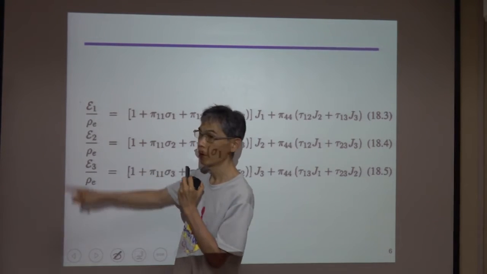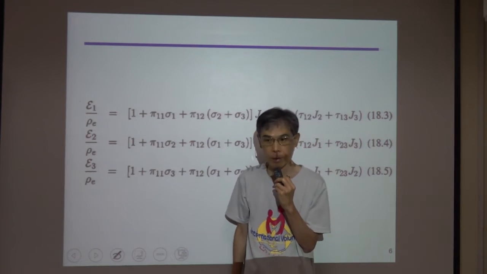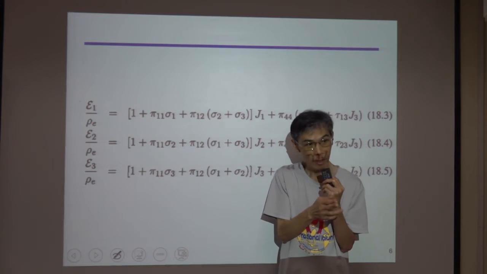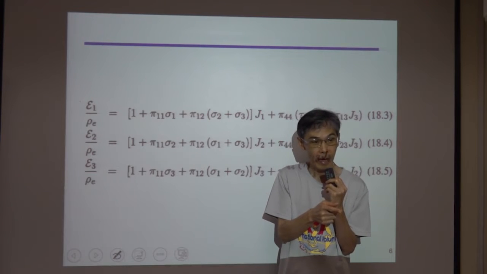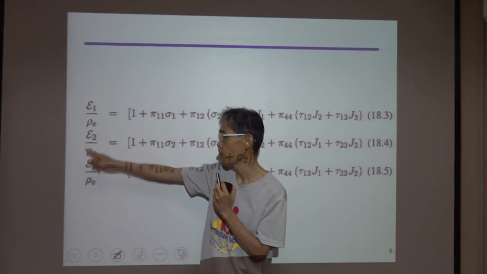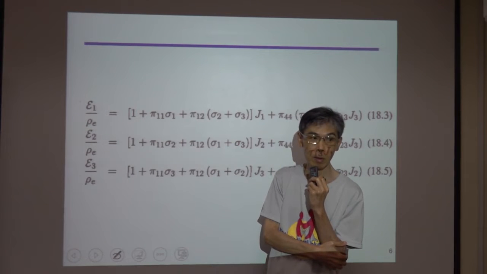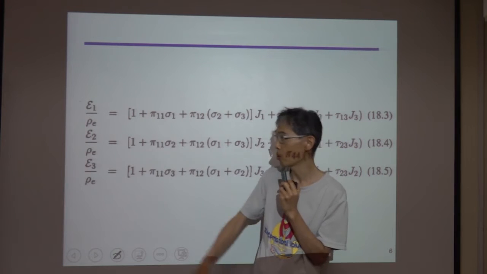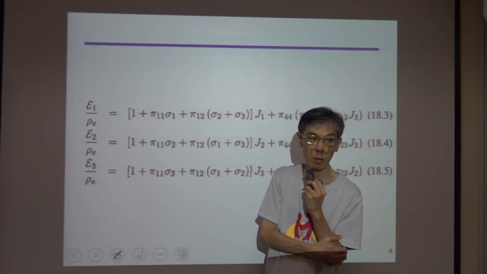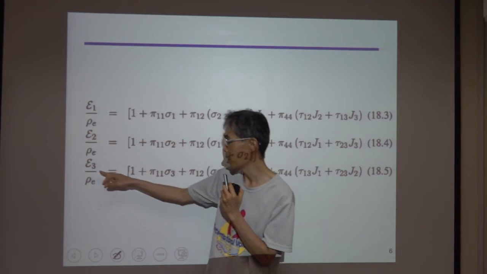Epsilon 1 is the electric field in one direction. Okay, what is the meaning of epsilon 2? What is epsilon 2? Again, what is epsilon 3?